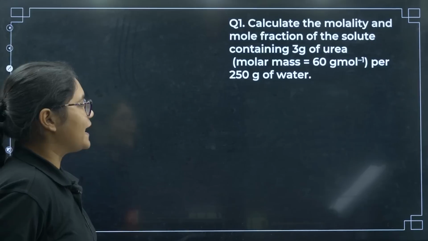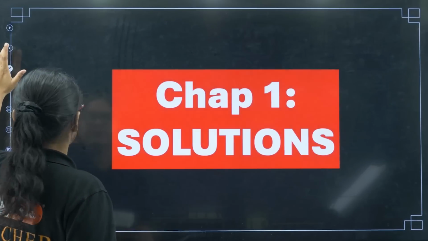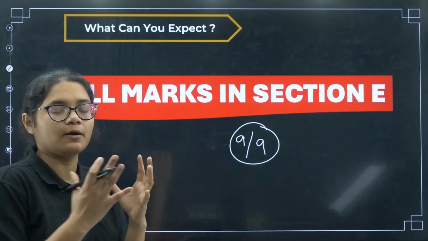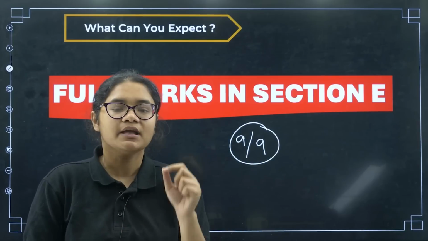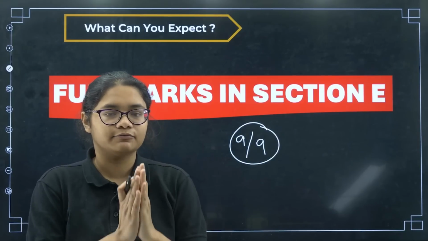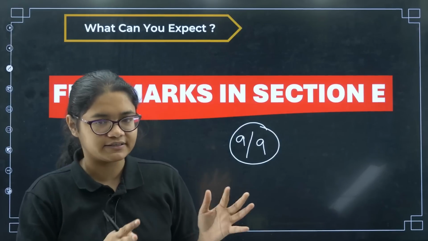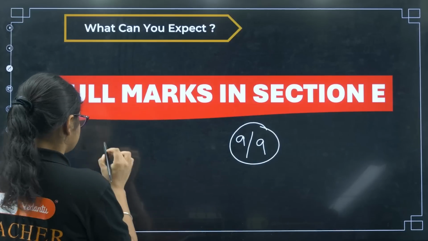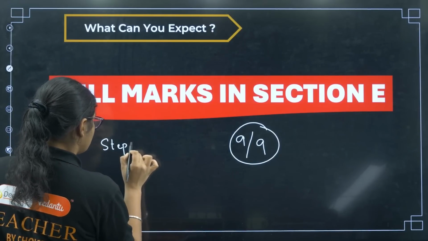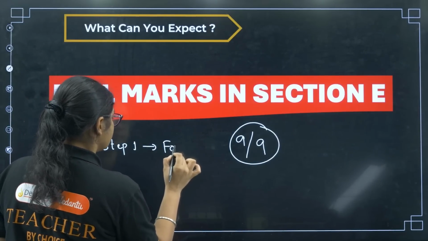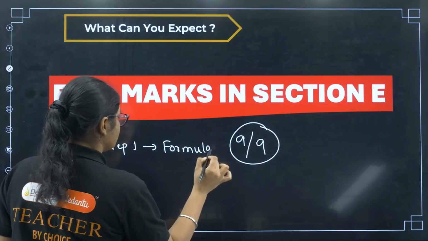Before moving to the first question, I want to tell you how you should approach numerical questions. There have to be 3 steps in a 3-mark numerical question. Step number 1 is writing the correct formula.